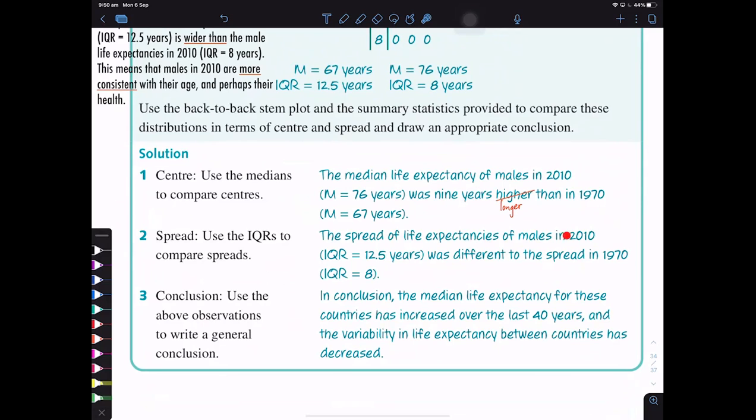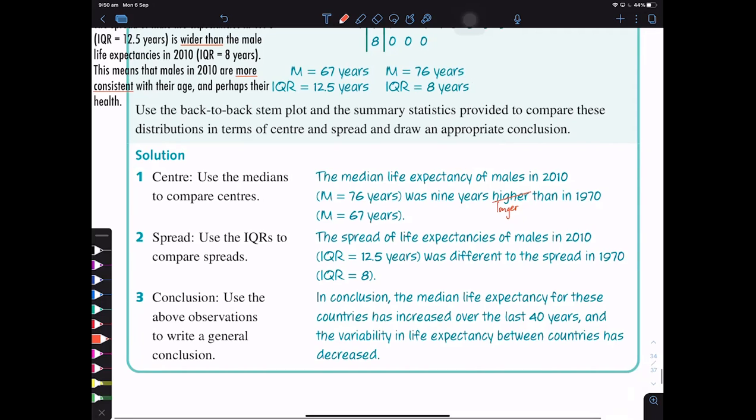The spread of the life expectancies in males was different. So that's their comparative language there. Was different. And this one here is longer or higher than. Okay, there's the comparative language there.